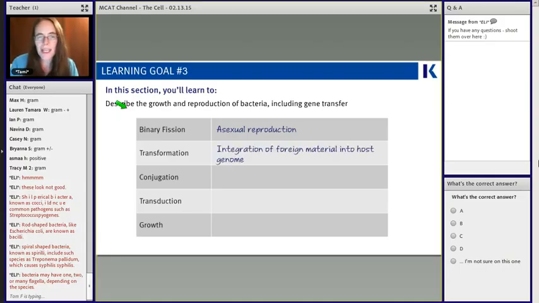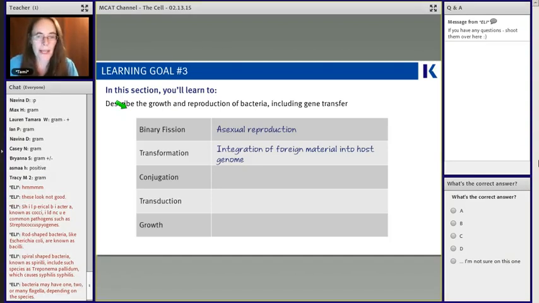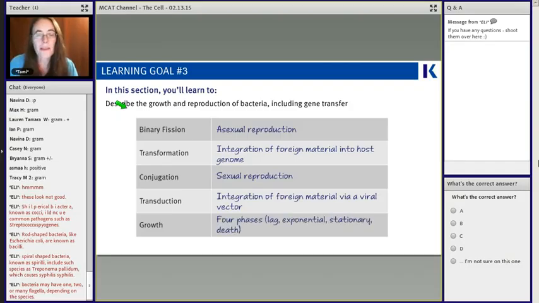Transformation is the ability to bring foreign DNA or DNA that is outside that bacterium into that bacterium and be able to use that and utilize that. Conjugation is a sexual form of reproduction that uses a pilus. Transduction is viruses like a bacteriophage. And then our growth, there are 4 phases that we're going to look at as we go through.